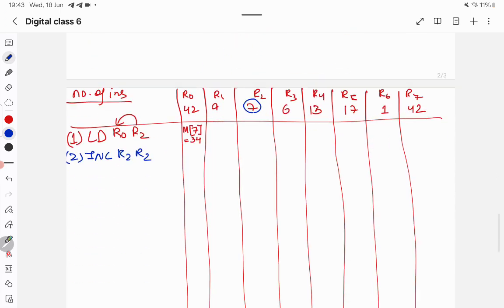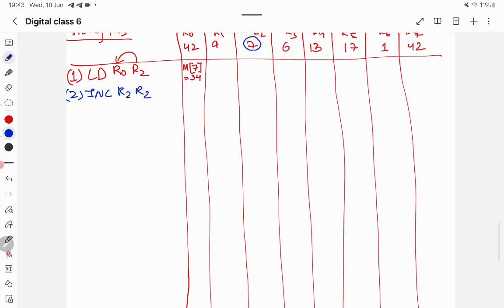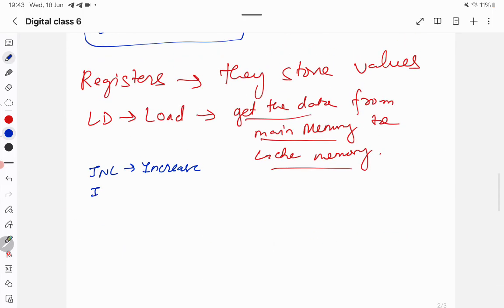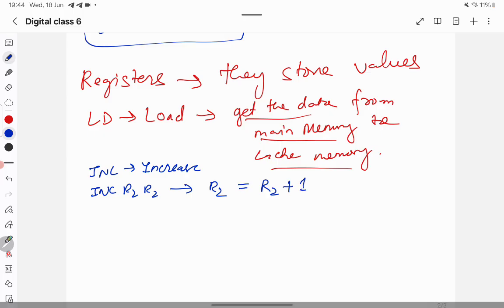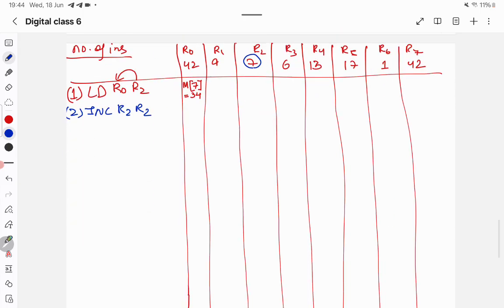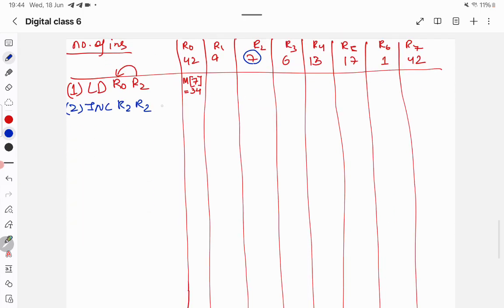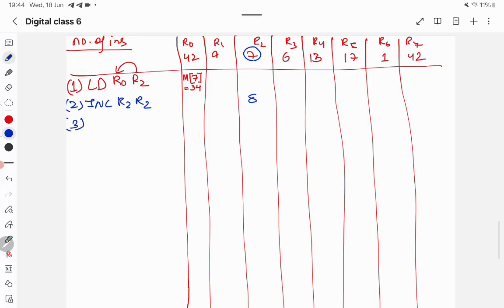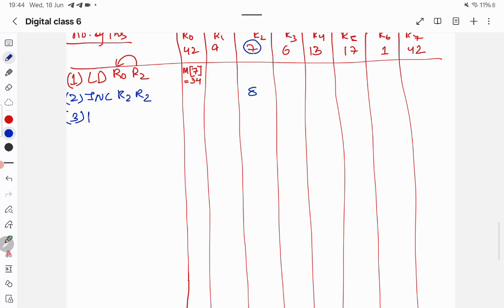So increase R2 means R2 equals R2 plus 1. So what is R2 here? 7. So you will copy down 8. Just increase by 1.